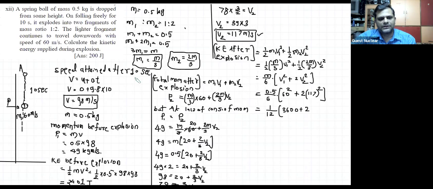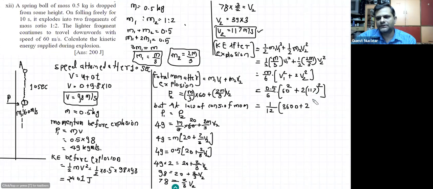Yes, 117 into 117 again, which actually happens to be 13,689. Okay, 13,689. Yes, and this is to be multiplied with 2 here, so that we can just get this 1 upon 12.